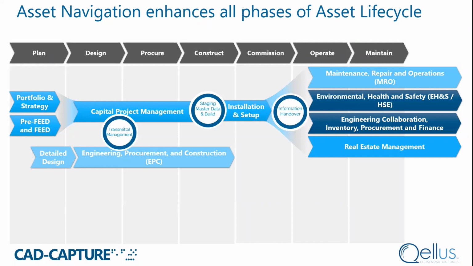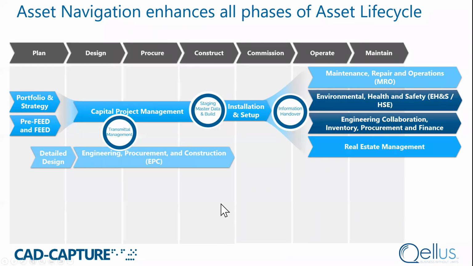And that information handover, the ability to build out your EAM system, build out your EHS systems, possibly even real estate space management, is critically important to hand over as much quality information as possible. And that's where Cad-Capture asset navigation comes in, extremely important.